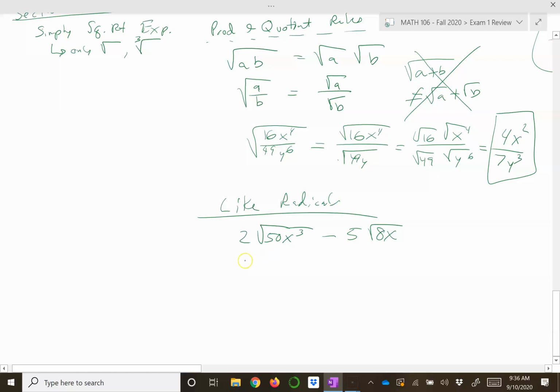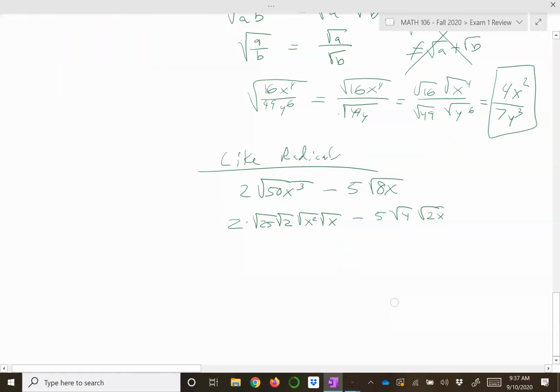So what I would do is the same thing as I did before. I'm going to go ahead and split up the square root of 50x cubed. Everyone okay with that? I just split the integers up, split the x's up, and then I'm going to do the same thing over here.